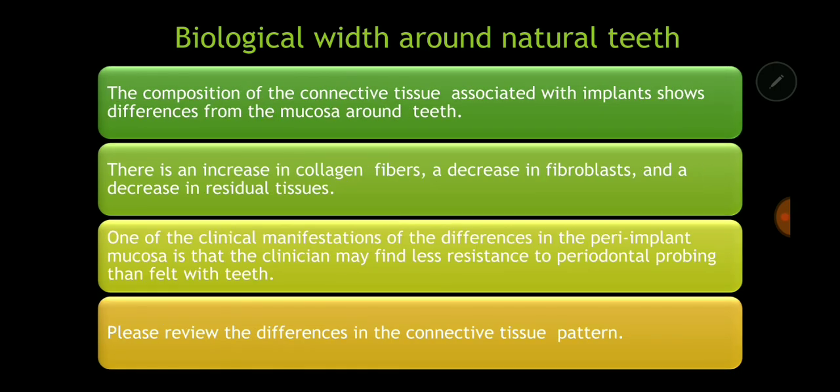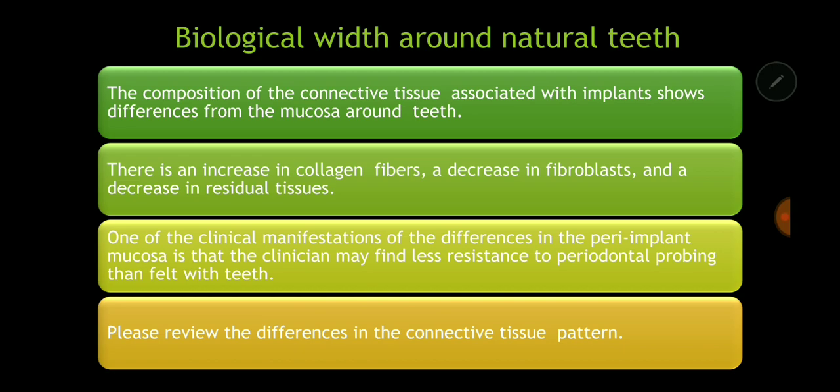The composition of the connective tissue associated with implants shows differences from the mucosa around teeth. So you're supposed to know the differences between the connective tissue surrounding natural teeth and that surrounding implants. Make sure you know that.